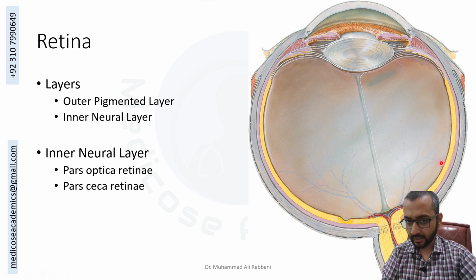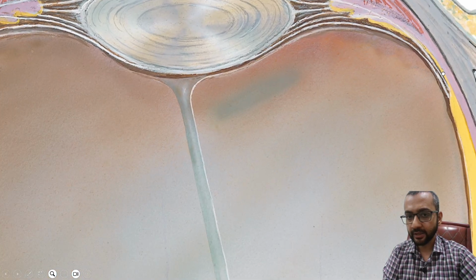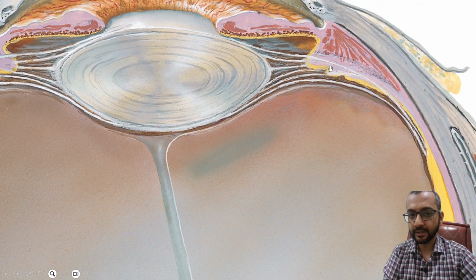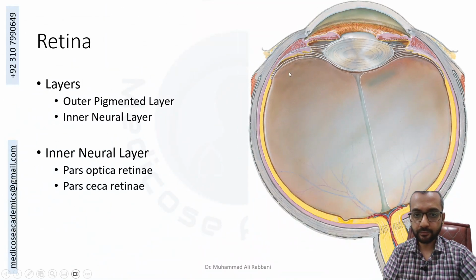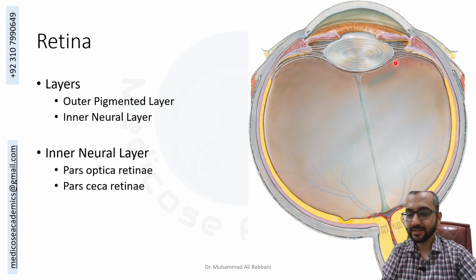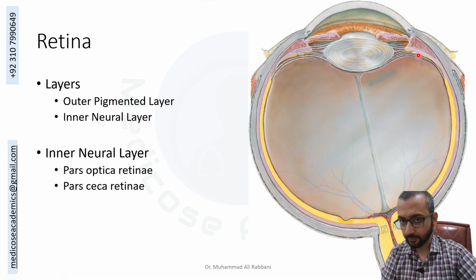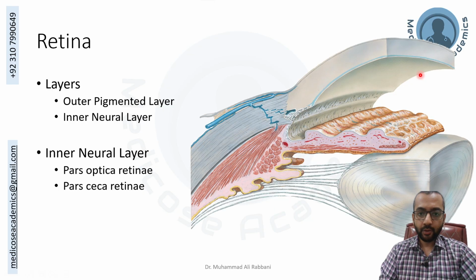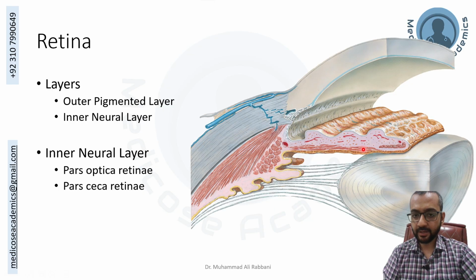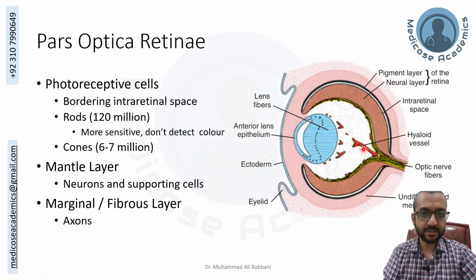This whole part is light sensitive, this is the pars optica, and this faint yellow line that you may be able to appreciate behind the ciliary body and the iris is the pars ceca, pars ceca ciliaris and iridica, behind the ciliary muscles and behind the iris muscle. These are pictures from Netter's atlas.